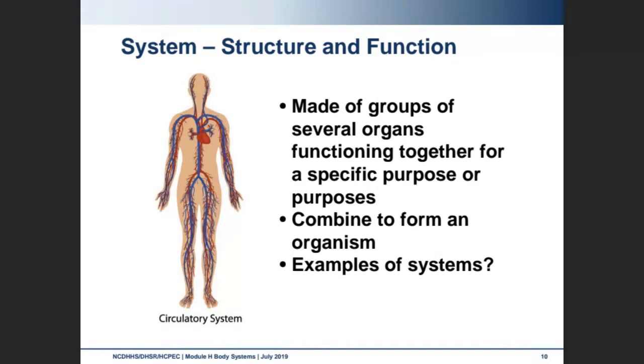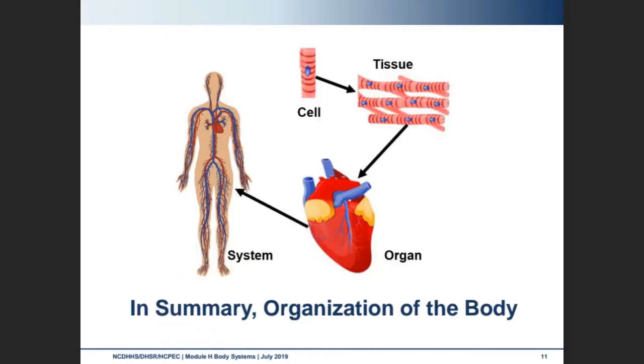Our systems of our body, and that's what we've been talking about, the body systems, include our urinary, musculoskeletal, nervous, respiratory, cardiovascular, digestive, integumentary, endocrine, and reproductive systems. So in summary, we've got a nice little image here for you all. Cells, the basic unit of body structure, come together to form tissues. Then those tissues come together to form organs, and our organs come together to form systems.